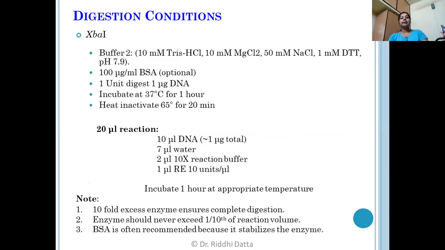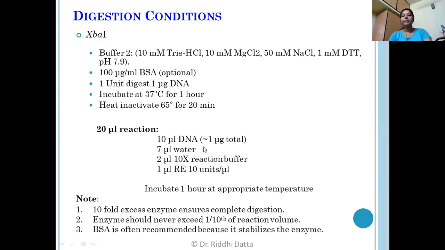Having said that, let's look at the practical purpose. This is one typical digestion reaction condition and composition that we use while digesting DNA in the lab. What we need is our DNA fragment that we need to cleave. Then we need water, of course, and please keep in mind that this water must be nuclease free, because if there is a DNase contamination here, this DNase will chop off our DNA template.